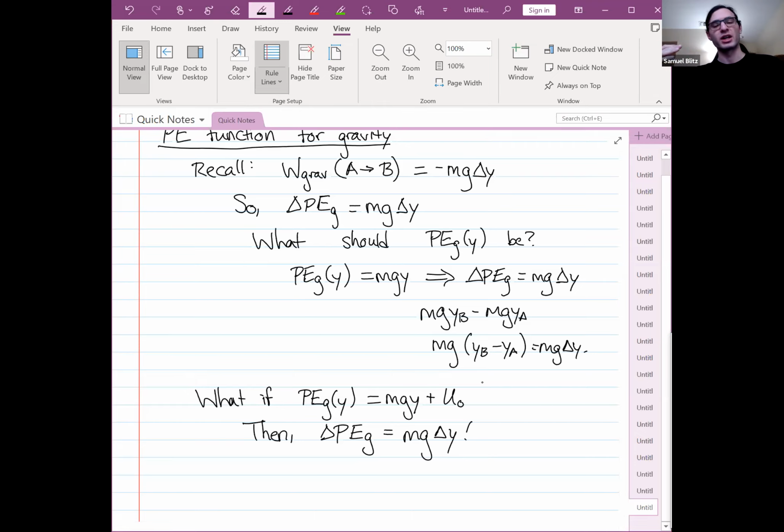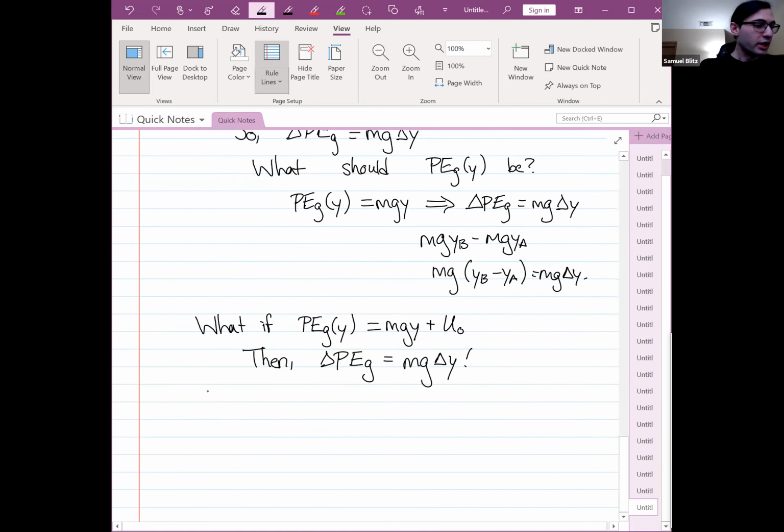The important thing is what the difference in potential energies is between two places. And as long as you're adding the same constant to both places, that's safe, because the change in the potential energy doesn't care. You just add U naught on one side and subtract U naught on the other. And so you can always add a constant to a potential energy function.